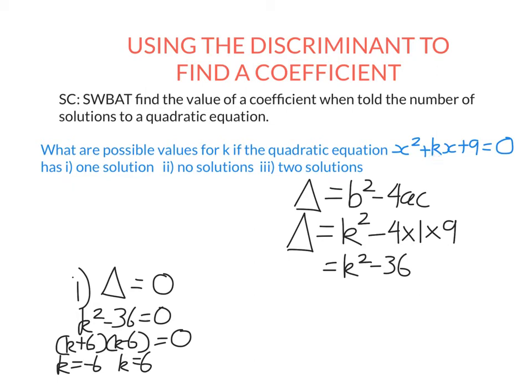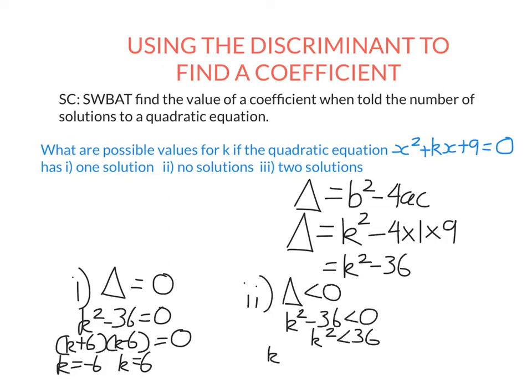All right, let's look at the case where it would have no solution. So in this case, the discriminant would be negative. So that would mean k squared minus 36 is negative, which means k squared is less than 36. So for that to happen, k would have to be less than the square root of 36, which is 6.